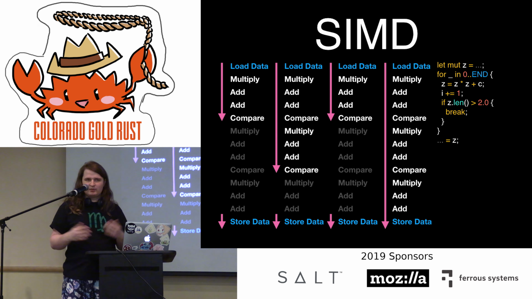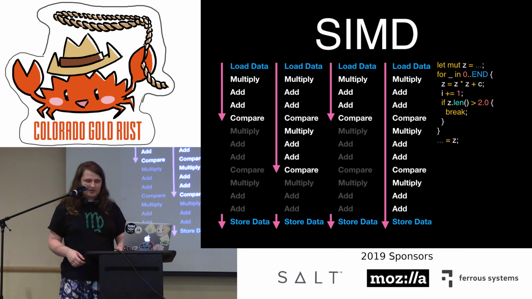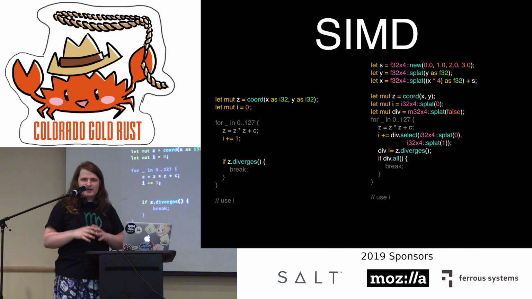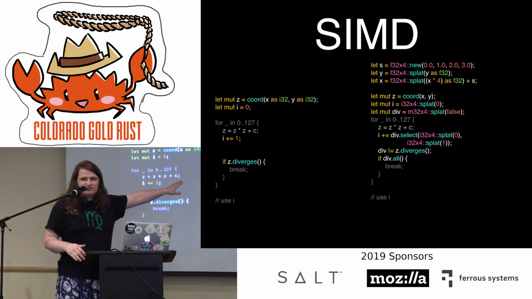If we want to have something like breaking early in our loop, then we need to be able to have our lanes run for different amounts of time. And this doesn't exactly match the idea that we're always doing the same work on each instruction, so we need some way to deal with that. The way we approach this is we add our own variable that keeps track of what loops are done. I've got this div variable that means diverged, so things where that's true are done running.